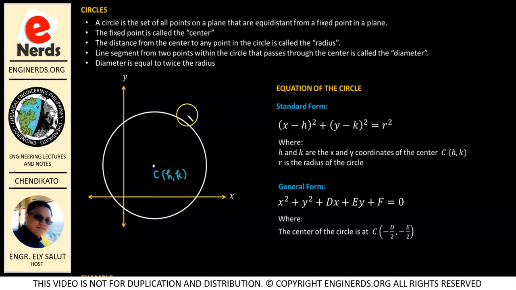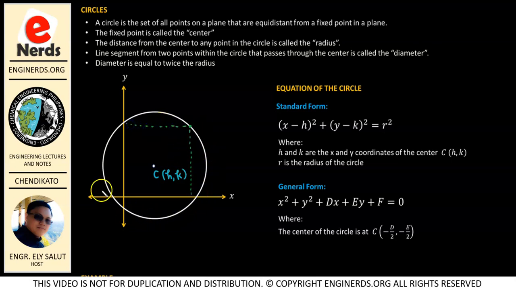So makakabuo tayo ng circle na katulad nito. Itong nakamark sa atin as white, yan yung tinatawag nating circle, which is the set of all points na equidistant dito sa ating center. Itong circle natin dito is consist of a lot of different points, and bawat point natin dito is merong coordinate. For example, if we are talking about this point, meron siyang X coordinate at meron din siyang Y coordinate.